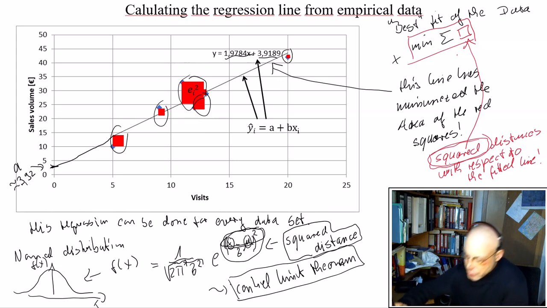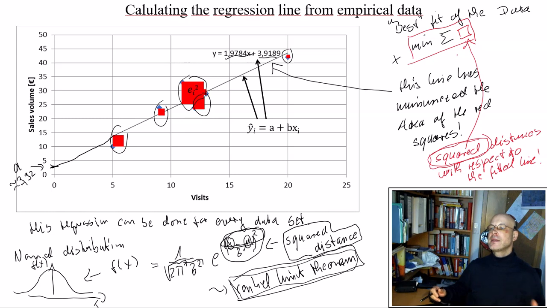And then you can show, and this is the central limit theorem, very surprisingly, that every distribution, or rather the mean of your distribution when you're taking your data, will tend in the limit to the normal distribution when you increase the number of your data.